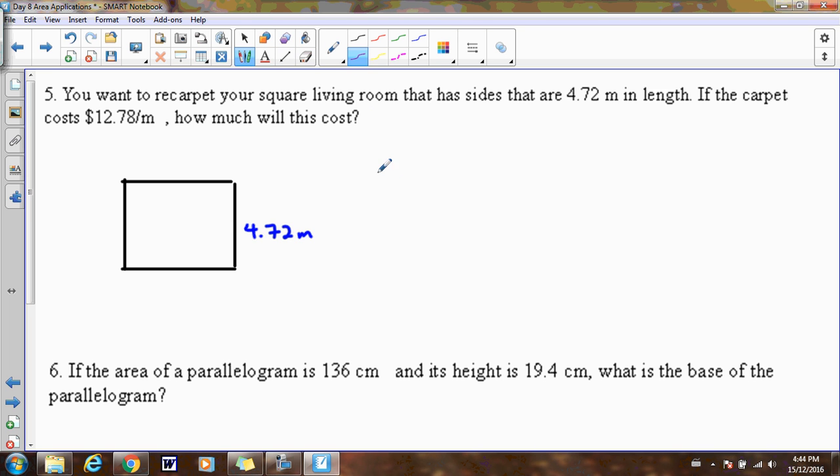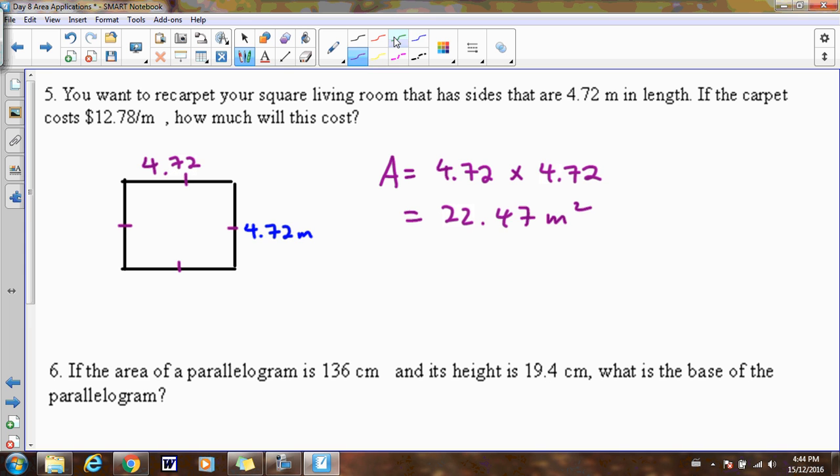First of all, we need to find the area of the square, because we know that in a square all sides are the same. So it's basically just 4.72 multiplied by 4.72, right? Length times width. If you do that, you're going to get 22.47 meters squared.